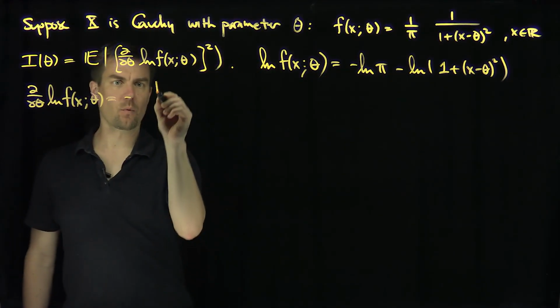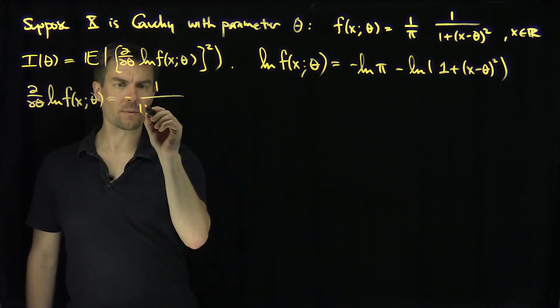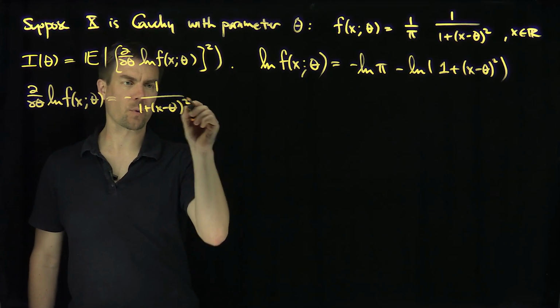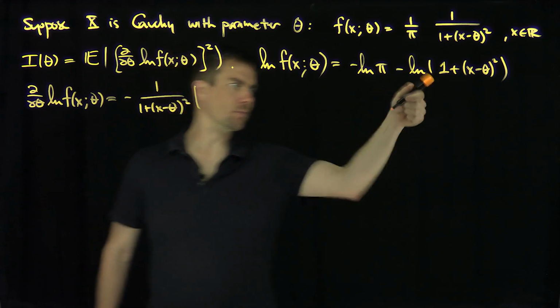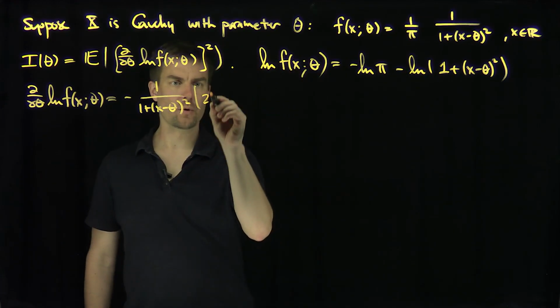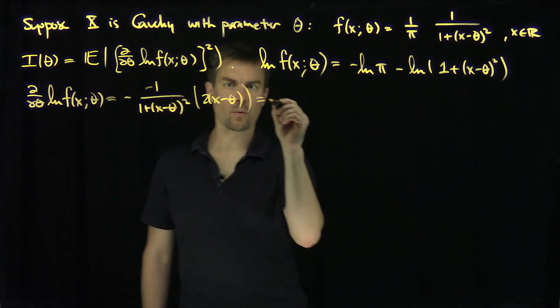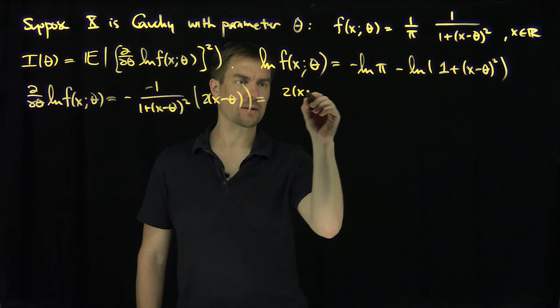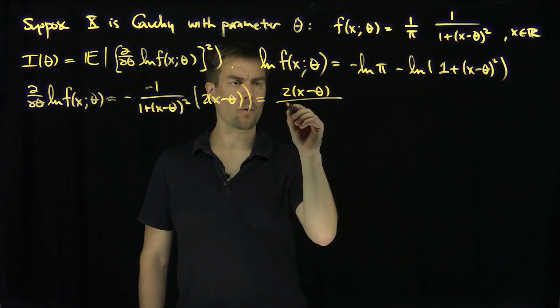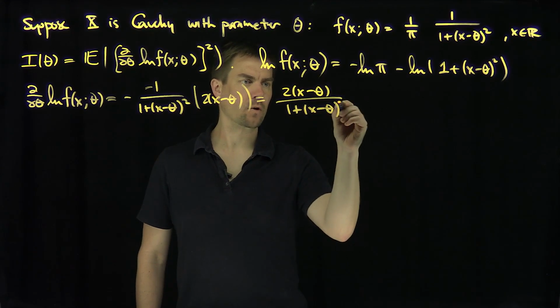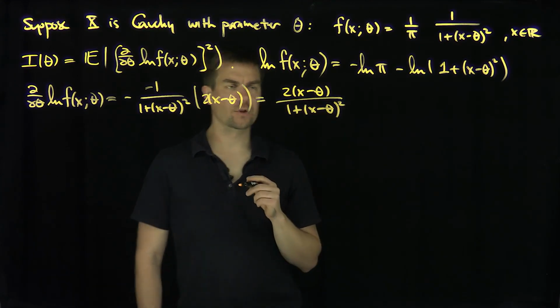I'm going to have a negative 1 over 1 plus (x minus theta) squared, and then times the derivative of that, which is 2 times (x minus theta) times a negative 1, right? So this is going to be 2(x minus theta), all divided by 1 plus (x minus theta) quantity squared, like so. Great.